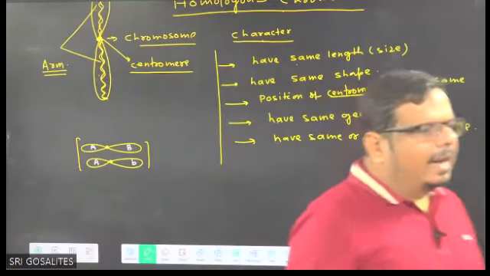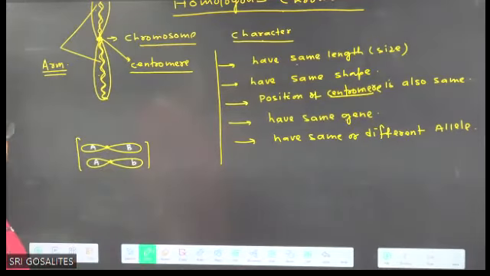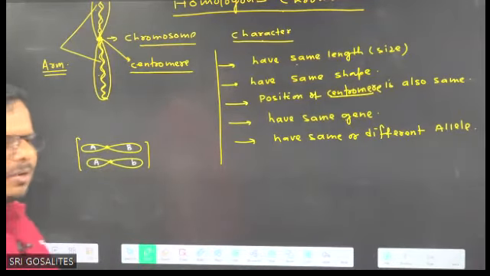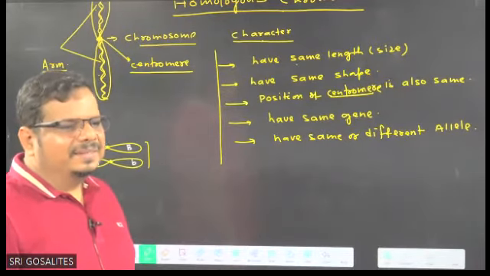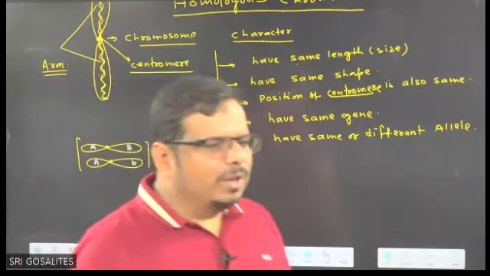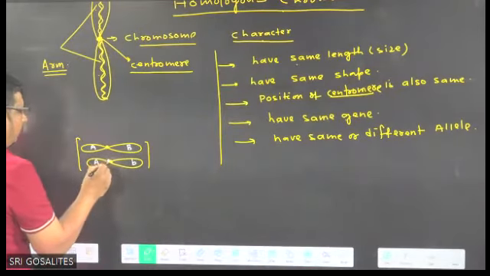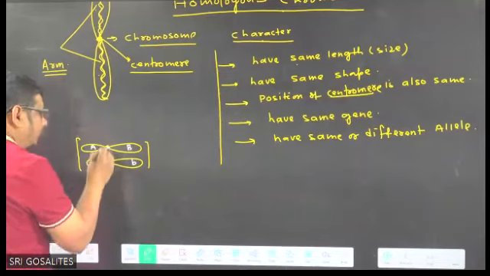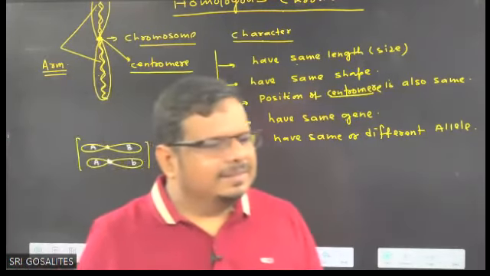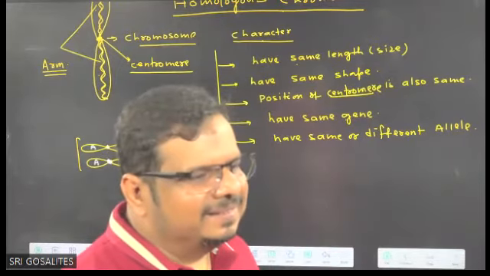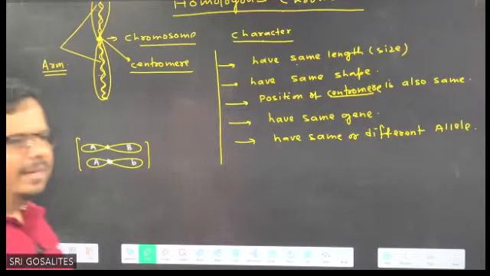So in the upper and lower chromosome, is the length the same or not? Length is the same. Position of centromere is also the same. Gene is also the same, gene A. Are you getting the idea?